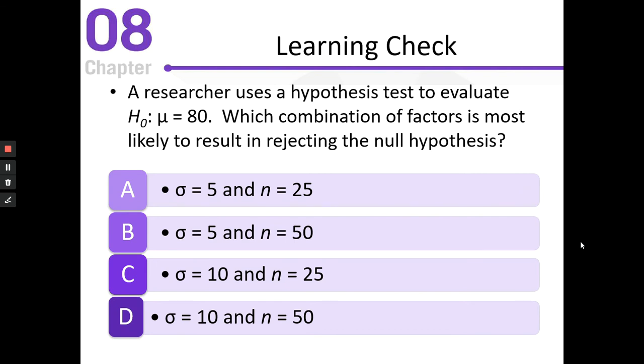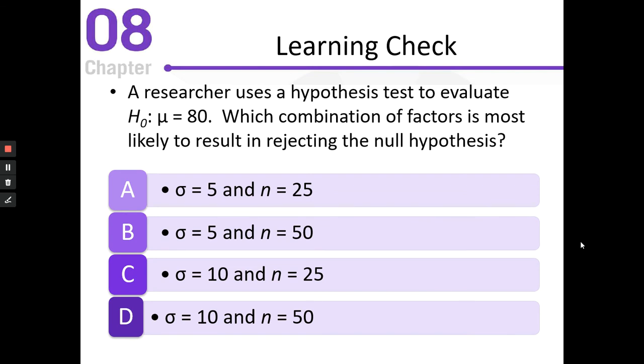So here's a question. We're testing a hypothesis. Don't worry about the hypothesis. It's a little bit weird the way that they write it there. So what's likely for us to reject the null hypothesis? Rejecting a null means we reject that there's no difference. Remember, the null hypothesis says there's no effect of our IV.